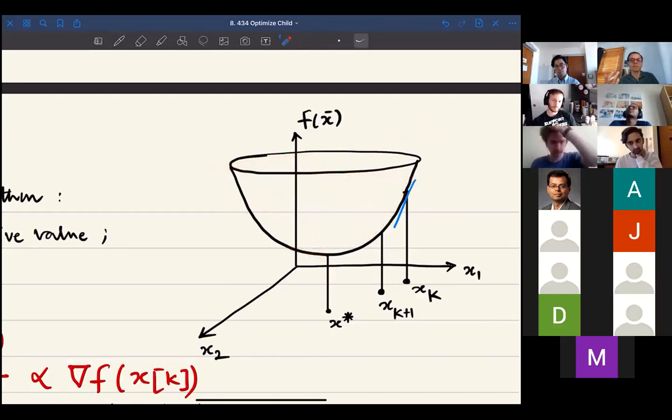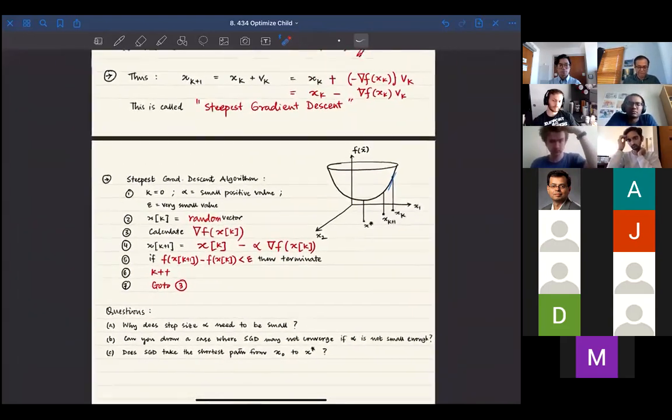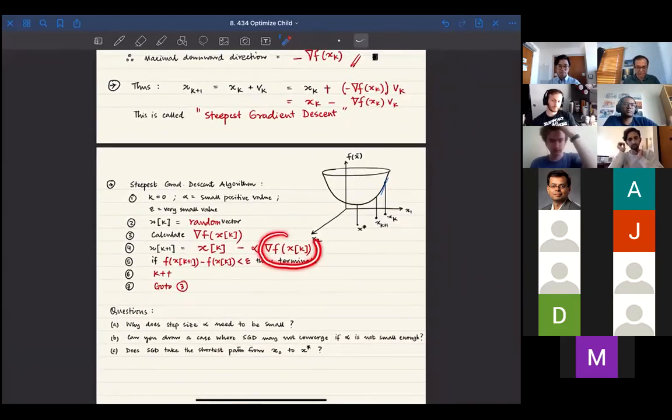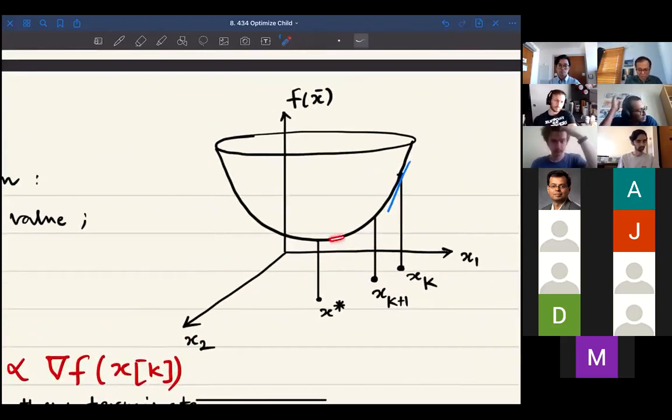Okay, here is the intuition. Remember, alpha is getting multiplied by the gradient of f at x_k, right? So as you get close to x star, your alpha is getting multiplied by a smaller value. But suppose you've chosen a large alpha, and suppose you're over here. You've gotten close to x star.